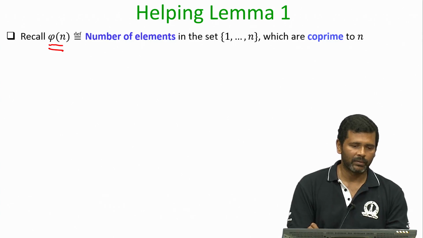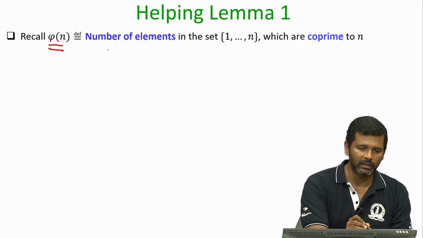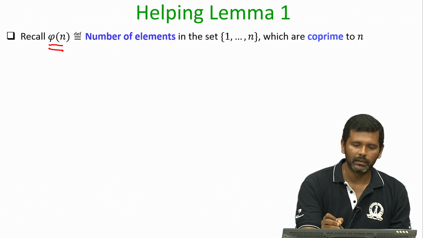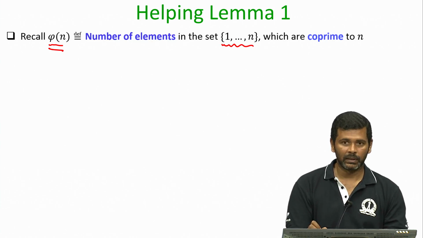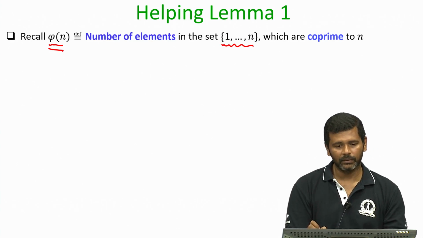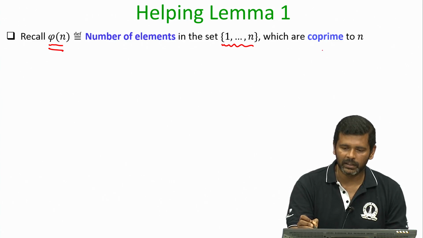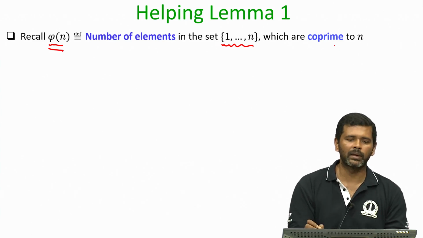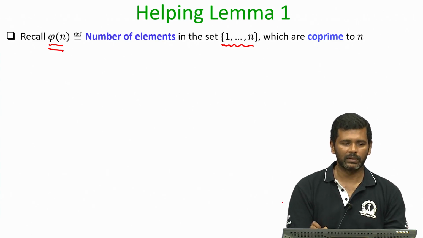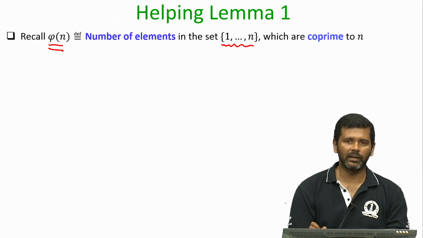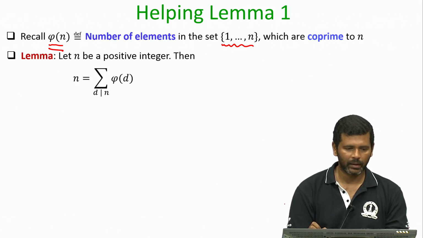Recall that phi of n is the cardinality of the subset of 1 to n whose elements are coprime to n. Basically, you want to focus on the number of elements in the range 1 to n which are coprime to n. The number of such elements is denoted by phi of n.